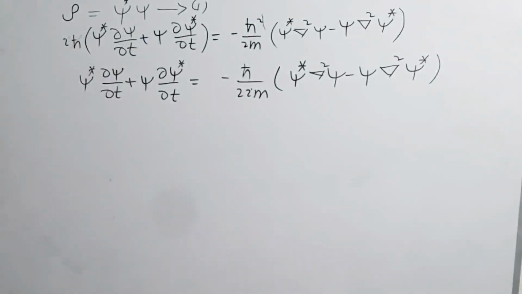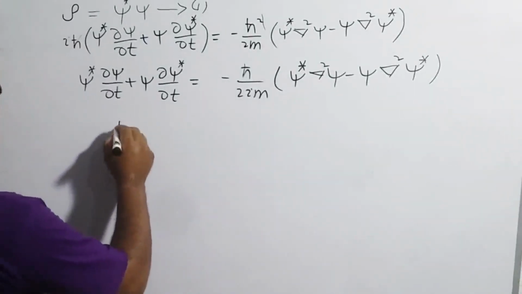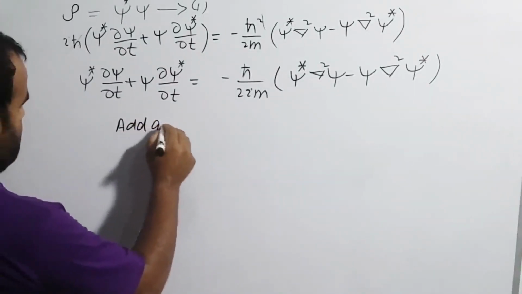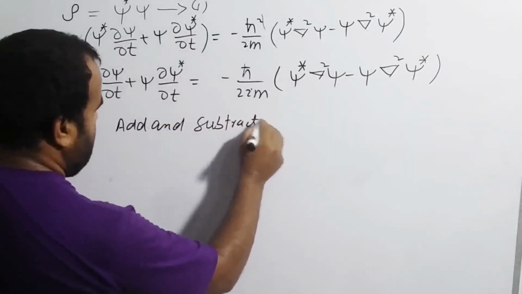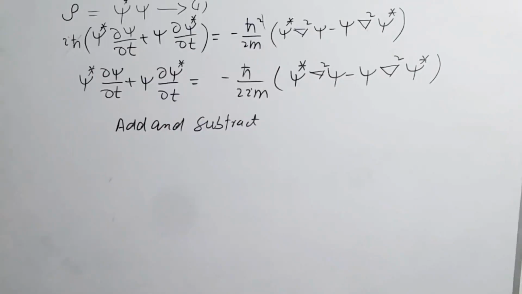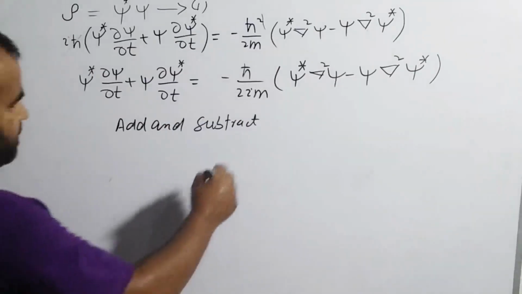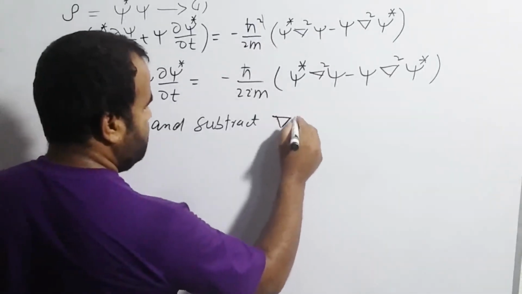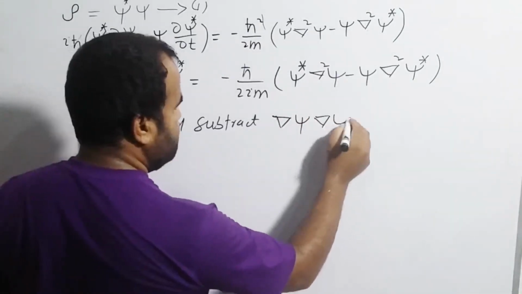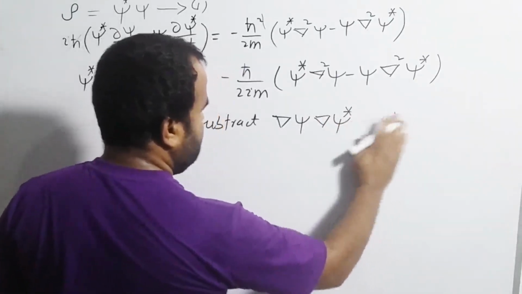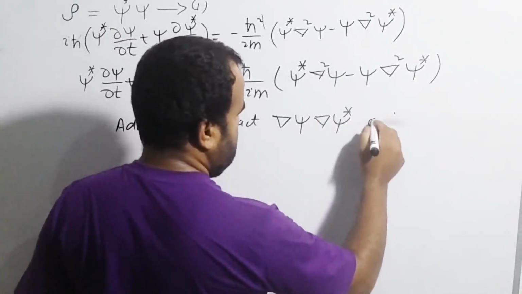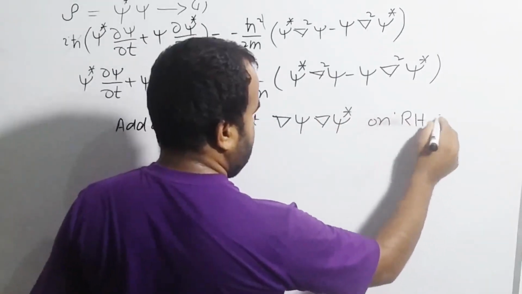Now we add and subtract del psi and del psi star on the right hand side.